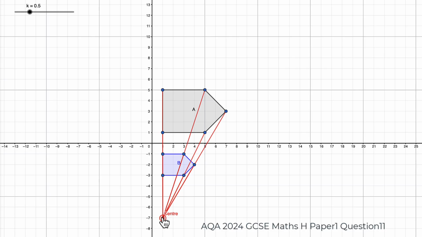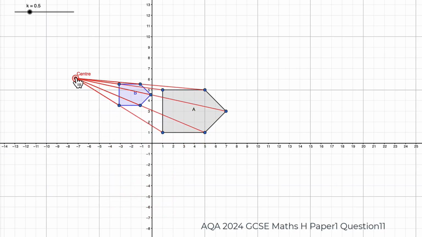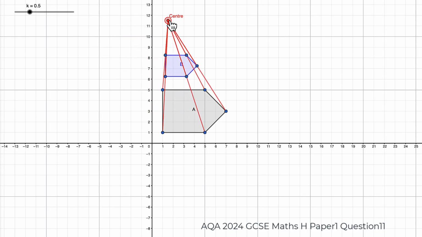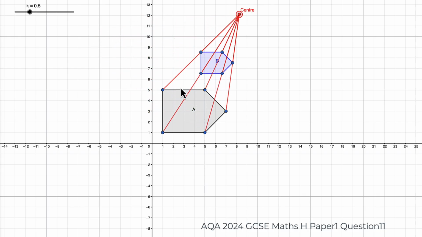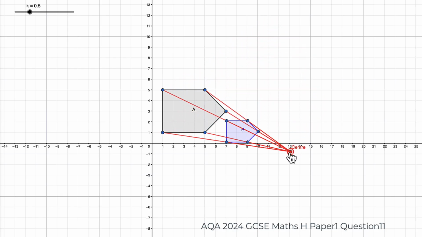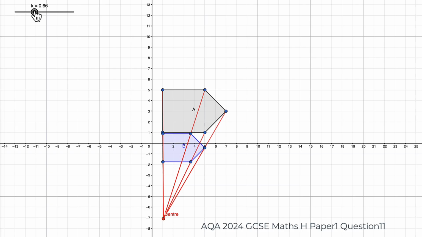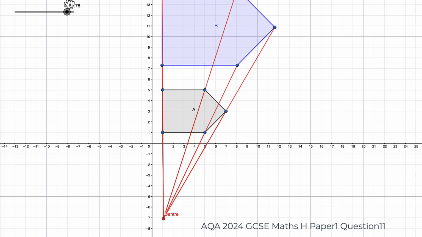And if we move that centre around now, you can see how these lines from a point in the larger shape to the corresponding point in the smaller shape always meet at the centre. And that's also true if we increase the scale of that enlargement.